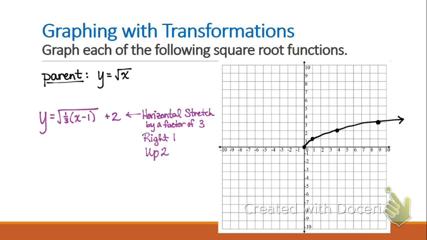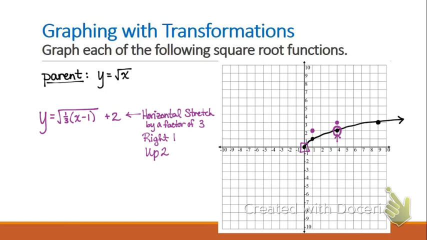So my vertex needs to move first, right 1 and up 2. So right here. And then all of my other points are going to be stretched horizontally. So before I went up 1 and right 1, so now I'm going to go up 1 and right 3. For my next point from the vertex, to get the second plotted point on the parent, I'm looking at this one right here, from my vertex back here, I went up 2 and to the right 4.